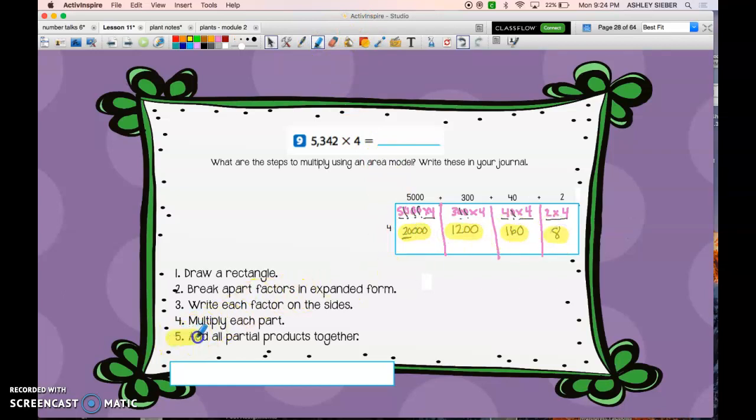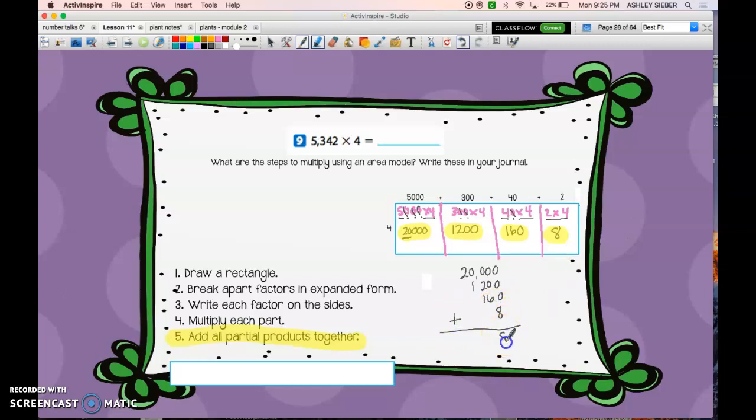If you need to highlight the partial products in yellow in your example in your journal, do that. All right, so I'm going to stack these and add them. 20,000, 1,200. Make sure you're writing in the correct place value. 160 and 8.